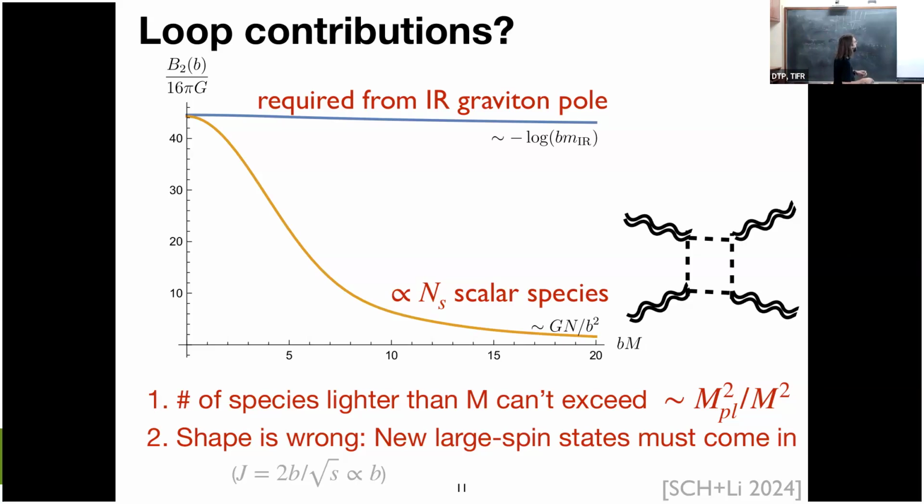It's the number of scalars. M is an arbitrary scale. We assume that things below that you can calculate. Then I calculated N scalars below that scale. And above it, I don't know what happens. It's a cutoff of some kind. Yeah, exactly.